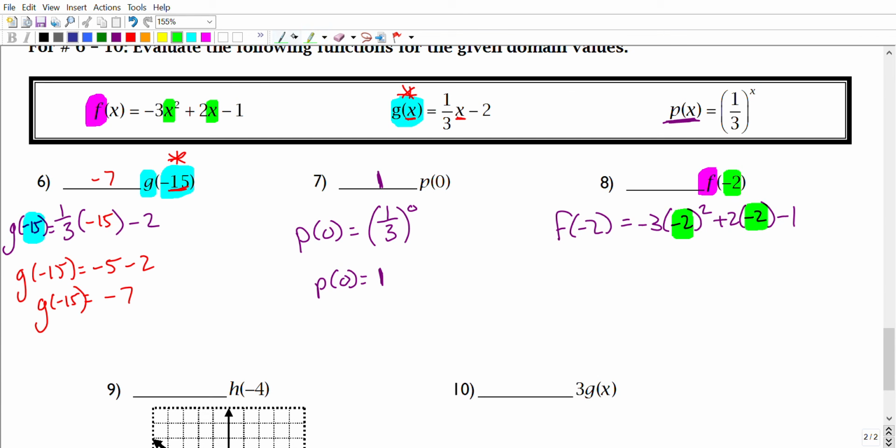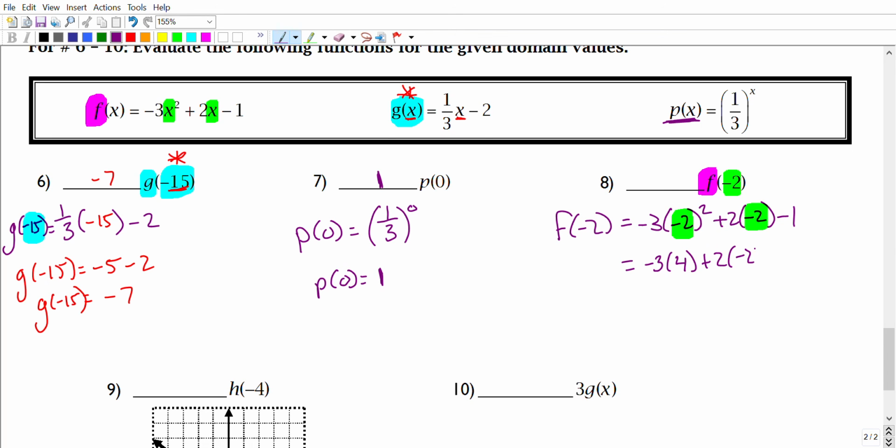Alright, let's go ahead and evaluate this. Always follow PEMDAS when you're solving with only numbers. We're not solving for a variable, we just have numbers, so we're just calculating here. Negative 2 squared is a 4.